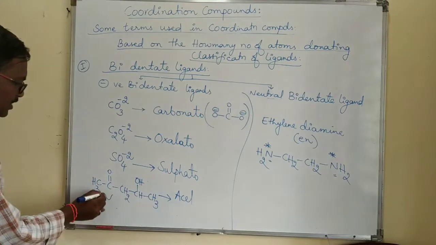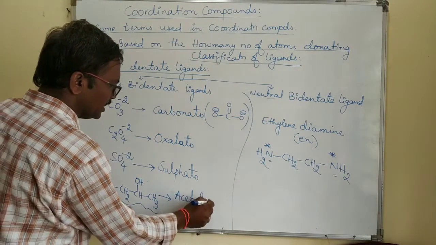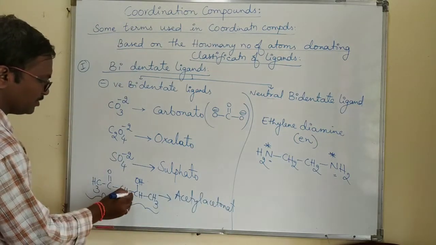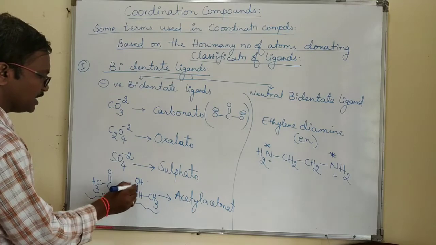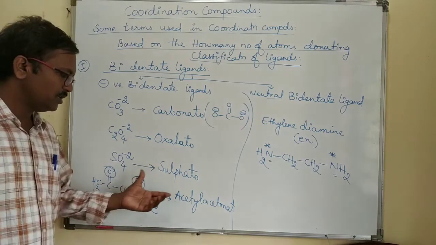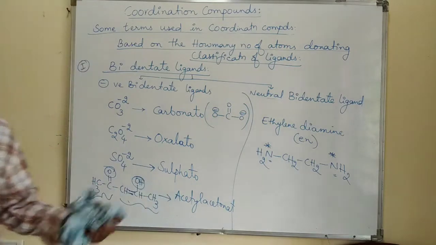This one is the acetyl group, this one is the acetonato. Acetyl acetonato. This one is the donating group, this one is the donating group. So acetyl acetonato is also a bidentate ligand.